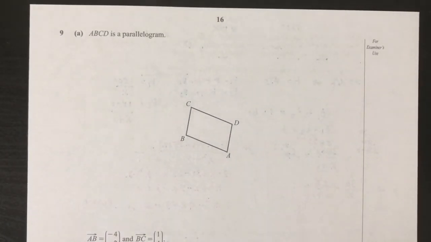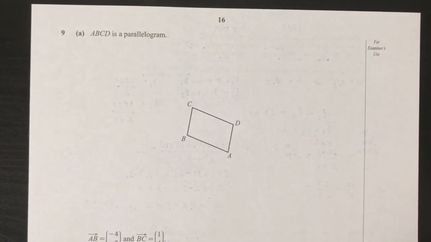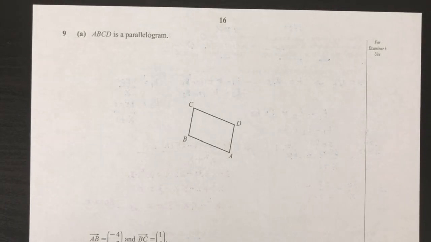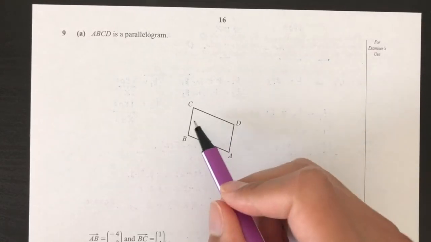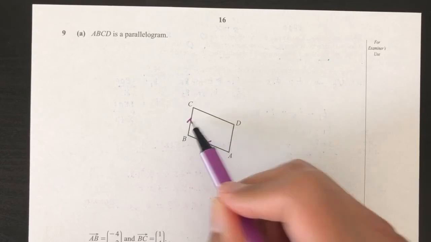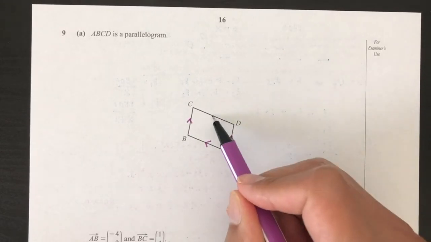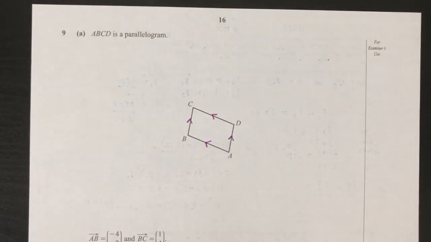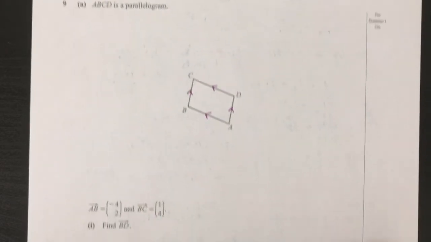So we have question number 9, part A. ABCD is a parallelogram. Let's see what information we have.